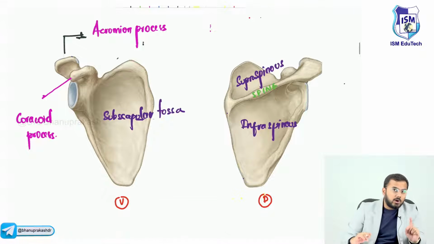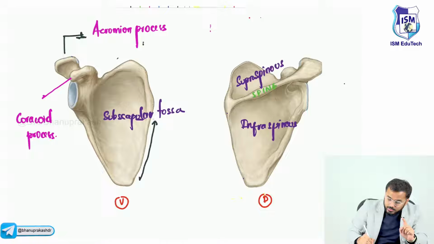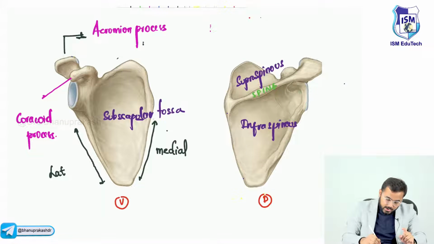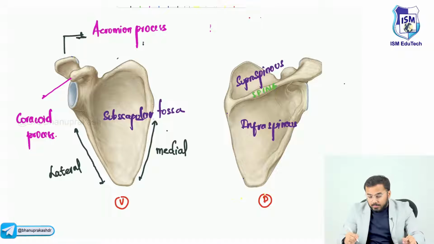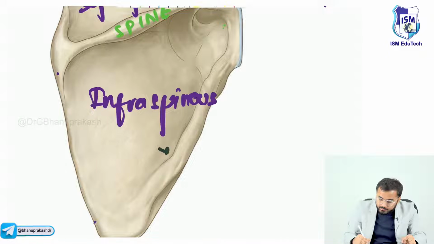I told you two borders. See, from here till here, this one over here is called the medial border of the scapula, right? Whereas this part over here is called the lateral border of the scapula. In the picture also, if you can see clearly, the lateral border of the scapula is thick, yes or no?